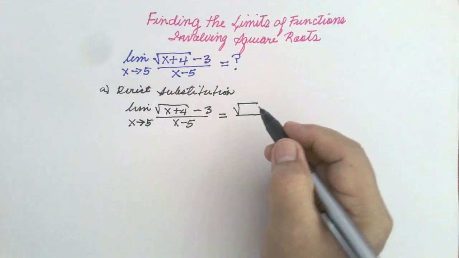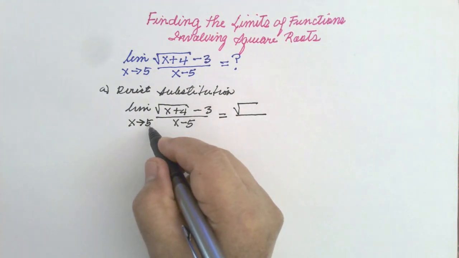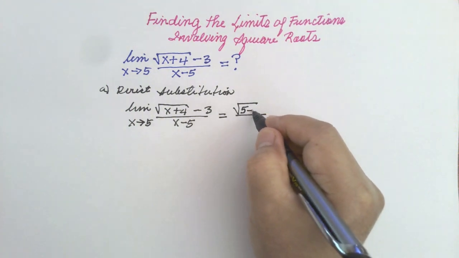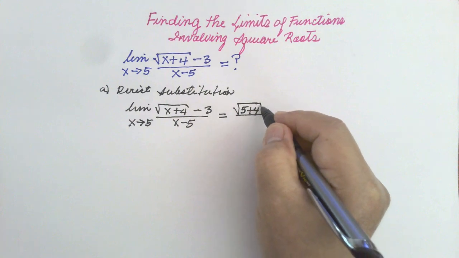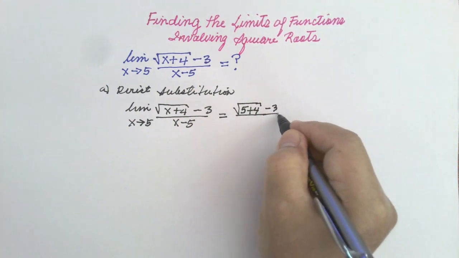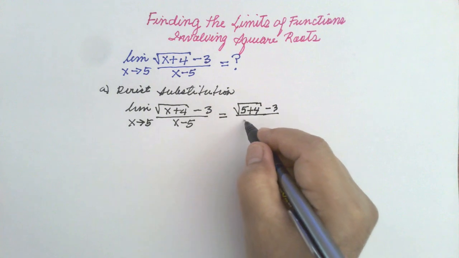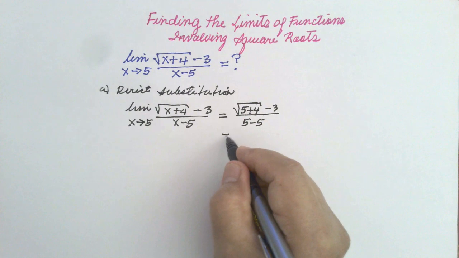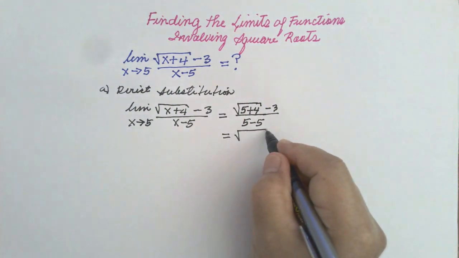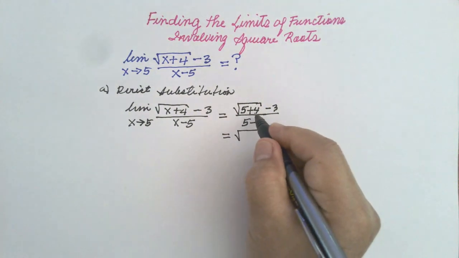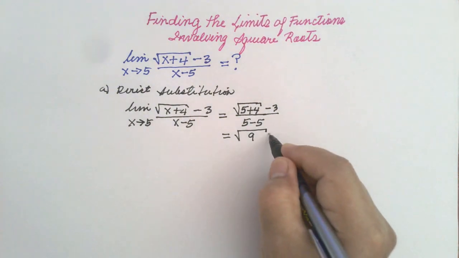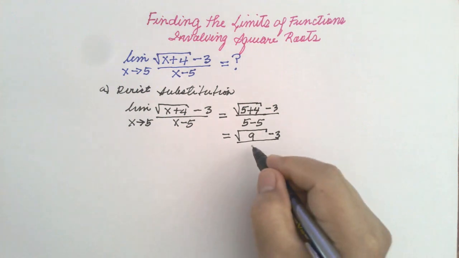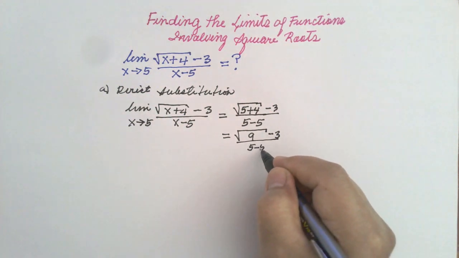we are going to substitute 5 for x, so this becomes 5 plus 4 minus 3. This becomes 5 minus 5. So the square root of 5 plus 4 is 9 minus 3 over 5 minus 5.